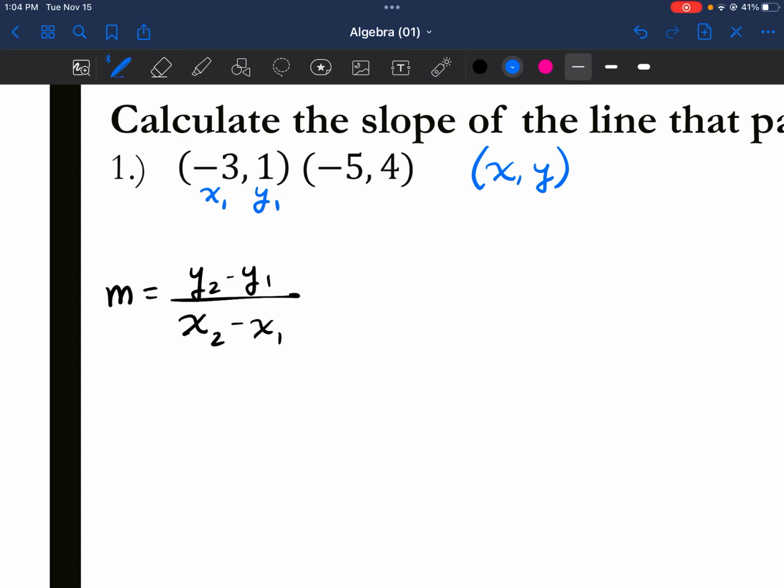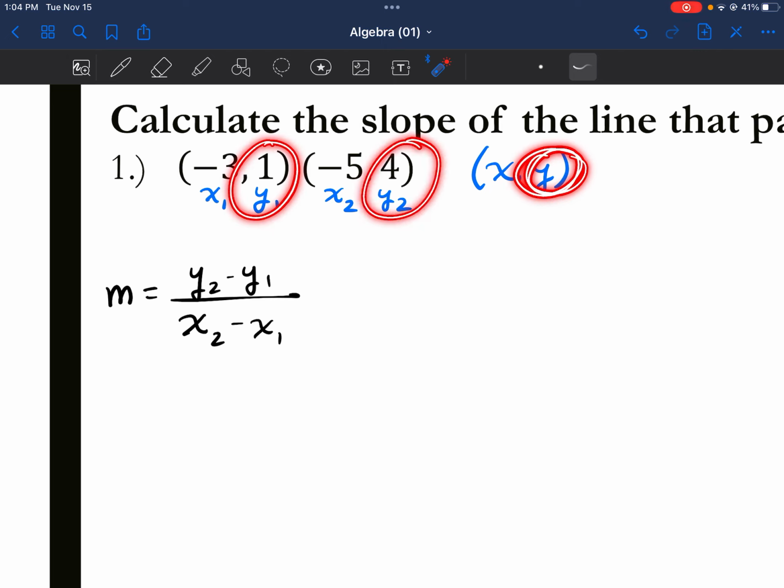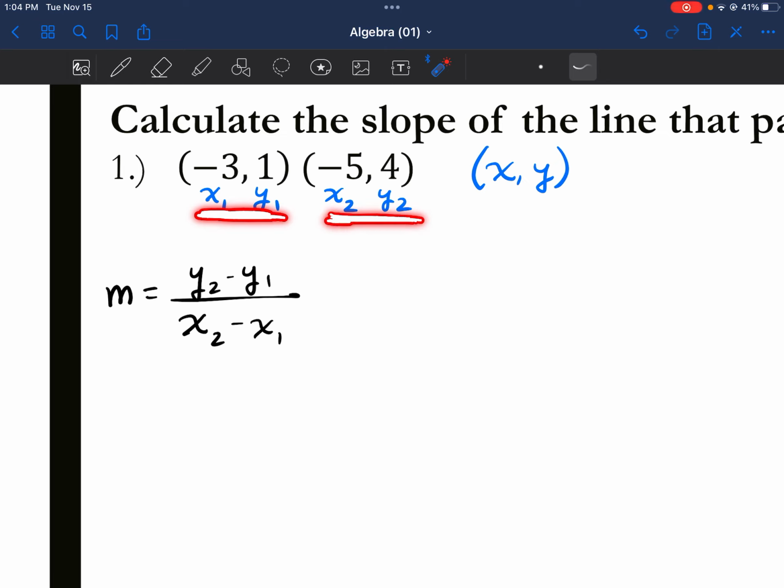So for the second point, it's going to be x2 and y2. The reason it's x first is because it's always x comma y, right? The difference is you have a 1 if it comes from the first point or a 2 if it comes from the second point. You're not multiplying this. You're not doing any of that. You're just substituting in the information.